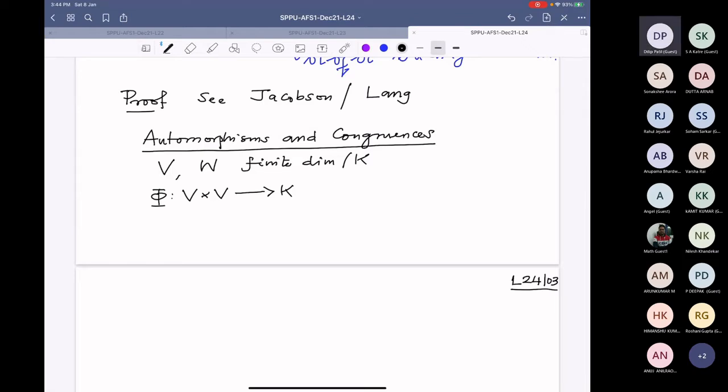So, sesquilinear form. This definition is very general. And also on the W, there is a sesquilinear form psi.